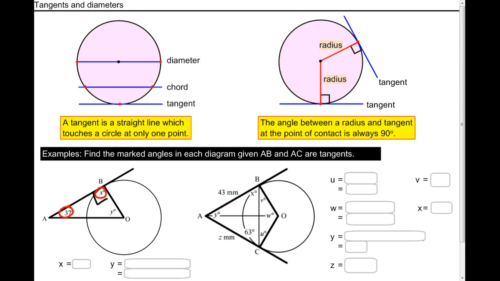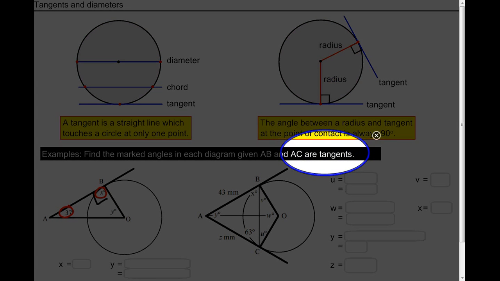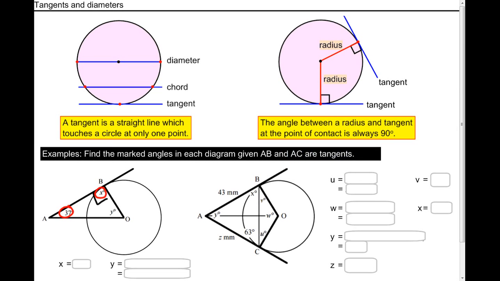Just draw your attention straight away to this little bit of extra information which isn't in your notes. We're going to find the marked angles in each diagram, given AB and AC are tangents. So, looking at the left-hand side one first, I've got a radius to my circle, and I've got a tangent. So straight away, that lets me identify this bit here as a right angle.